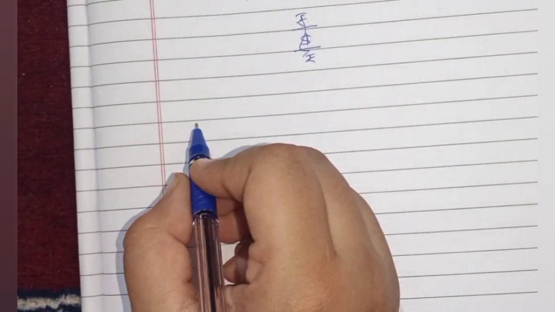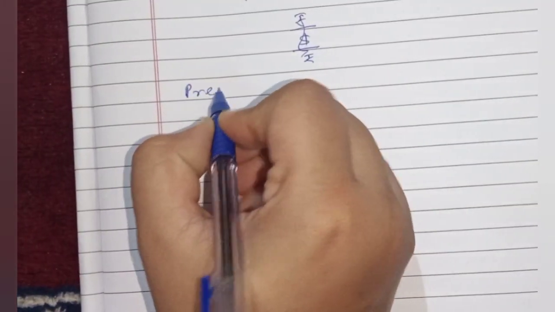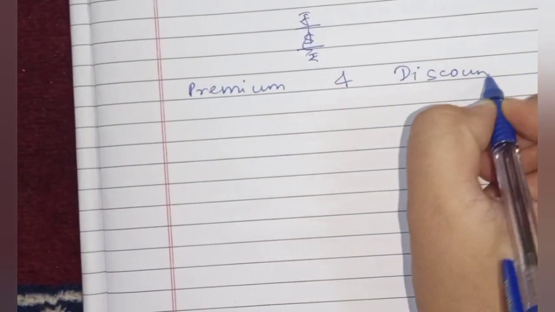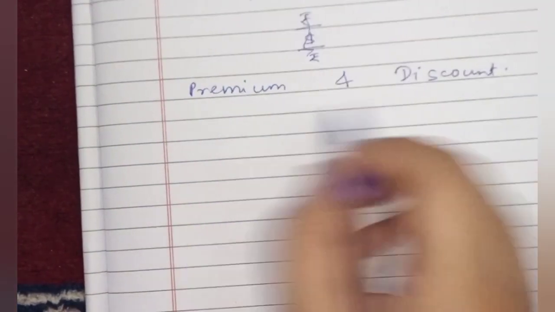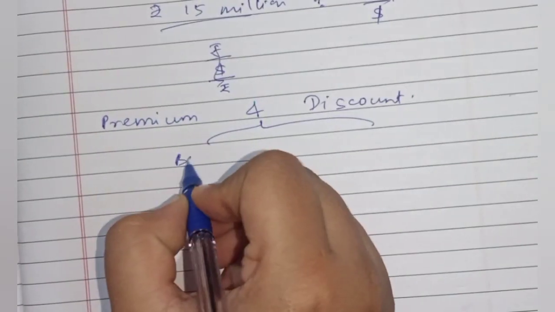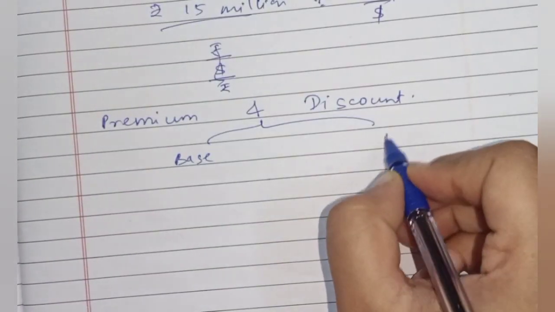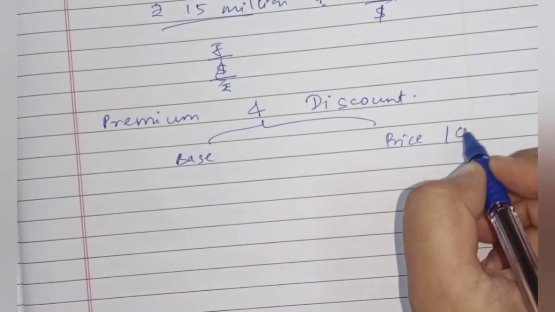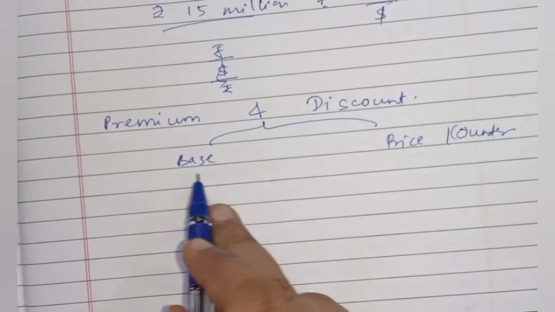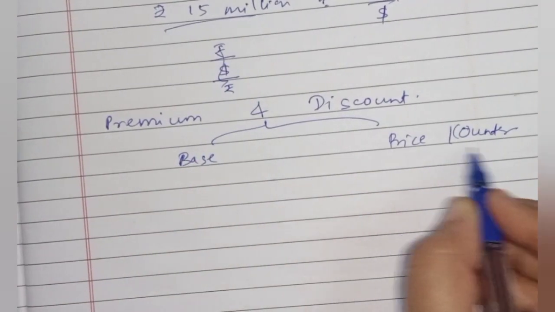So now moving forward to the next concept, that is of premium and discount. This premium and discount can be calculated either on the base currency or on the price or counter currency.